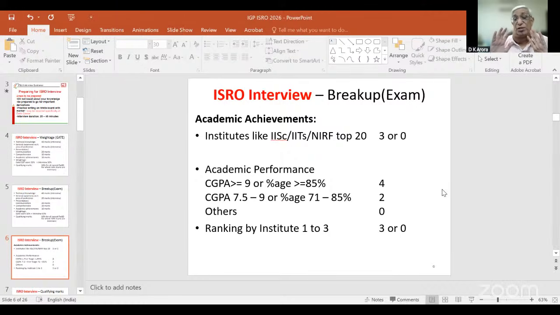For the rest, it is 0. Ranking in the institute, if it is top 3, you get 3 marks. Otherwise, there is 0. That means there is a possibility of you getting 10, which is obviously very, very high. But at least 8 is something which is within the reach if you try hard.